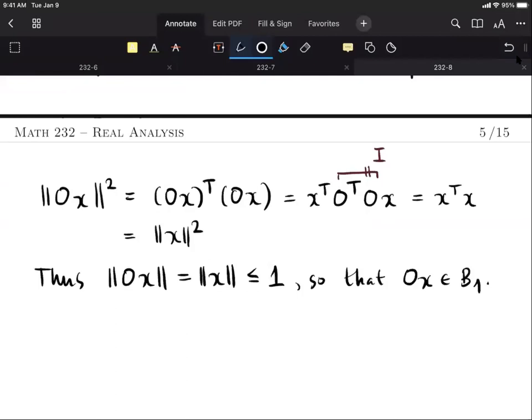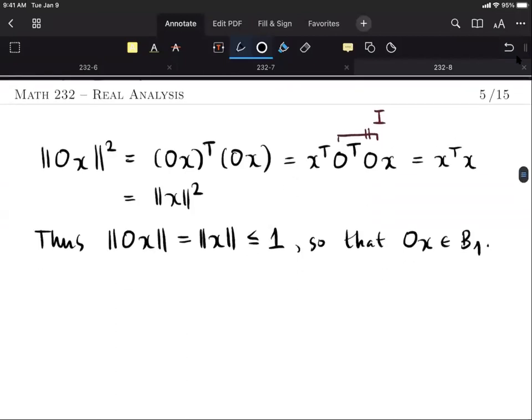So in other words, we have established that the image of the closed unit ball under the orthogonal matrix O is a subset of B sub 1. And taking the inverse on both sides, we also have that B1 is a subset of O inverse B1.